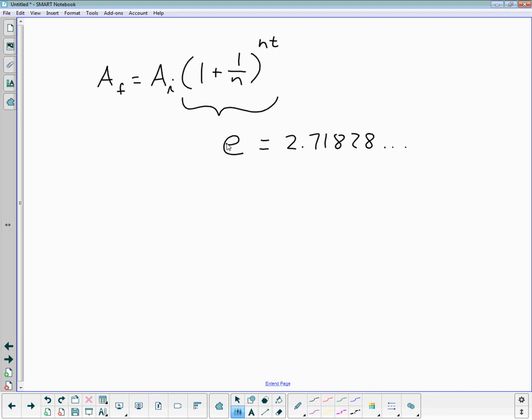Okay? When we're talking about continuous growth, this whole thing turns into amount initial times e to the t. That's if it's growing continuously, okay?